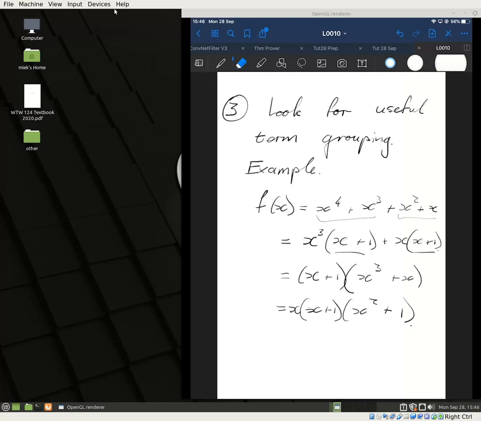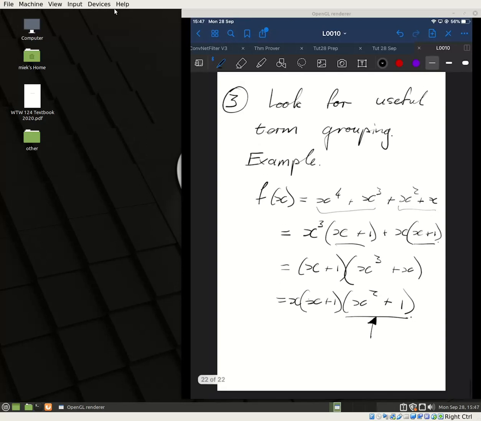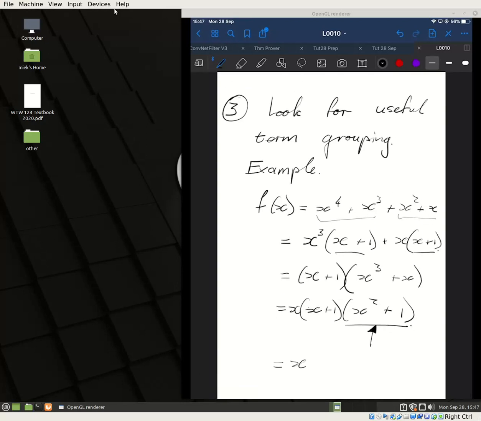And now finally, our next strategy will deal with factors that look like this. You could perhaps already see what the roots are here. So maybe let's write that down. What are the roots here? The roots here are, of course, plus and minus i.